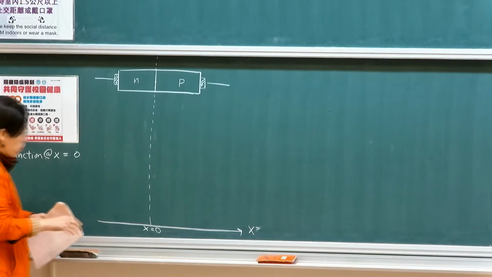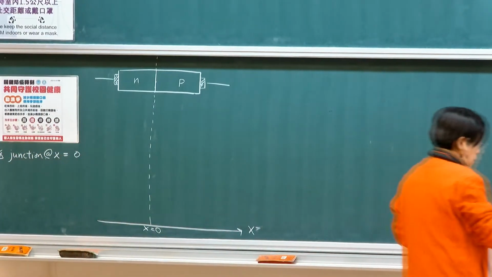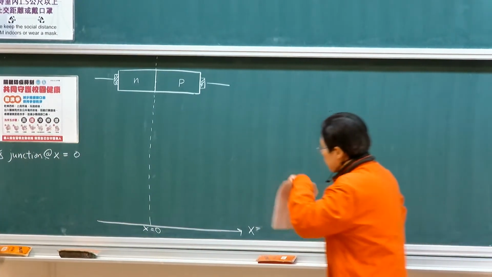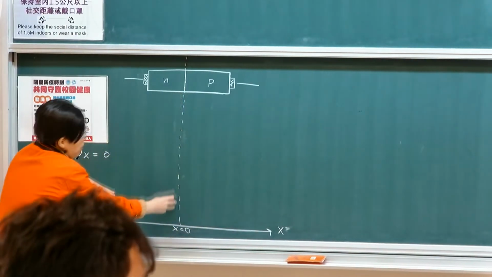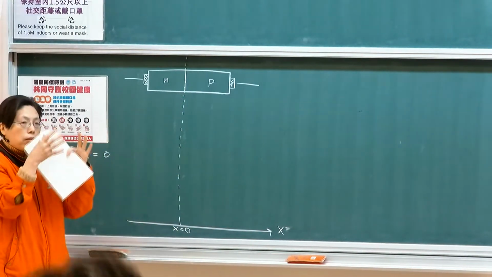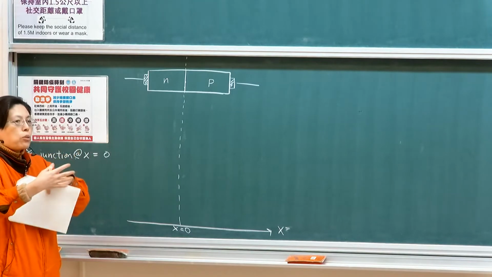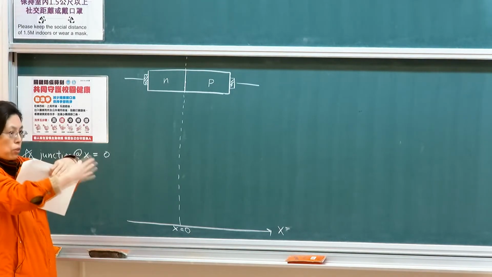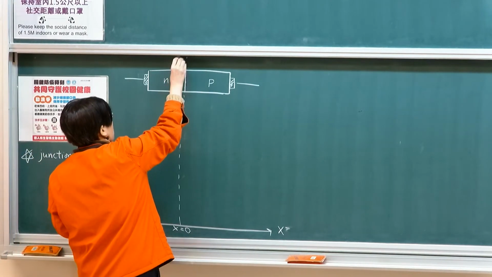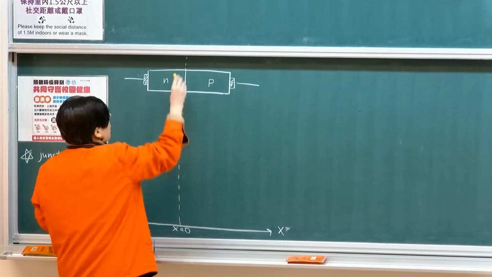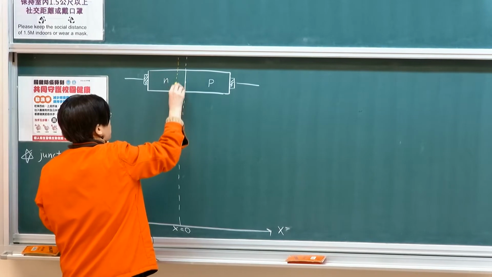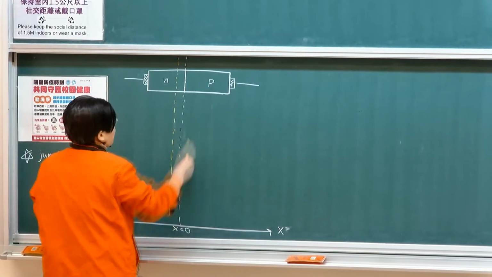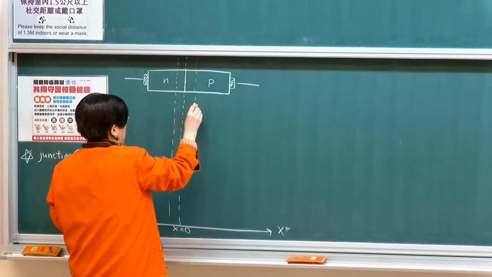Within this exact physical junction, there's a zone, sort of like a no-fly zone. There's a small zone in between this junction, where there's certain change.